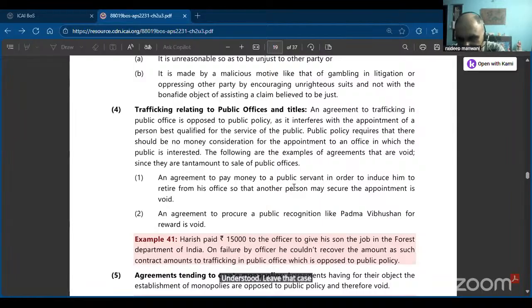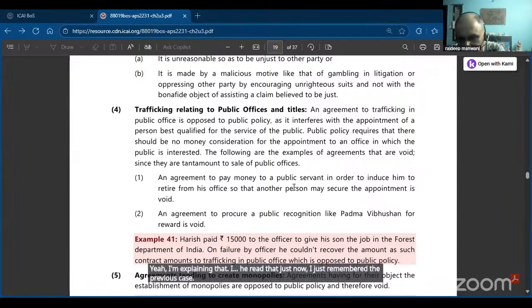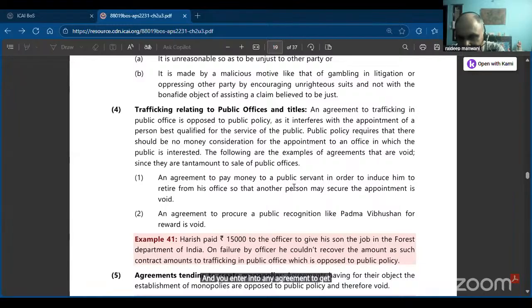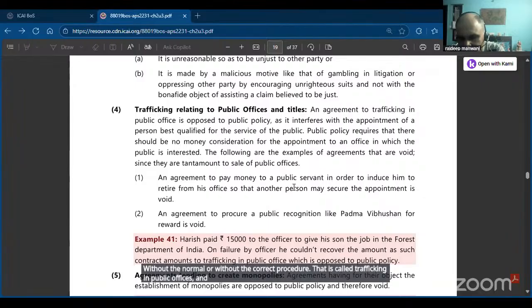Explaining the fourth point, which is trafficking in public offices. He read that just now. I just remembered the previous case. So trafficking in public offices basically means if you're a public servant, like a government servant, an IPS officer or income tax officer, and you enter into any agreement to get that public office without the correct procedure, that is called trafficking in public offices, and those agreements are null and void.